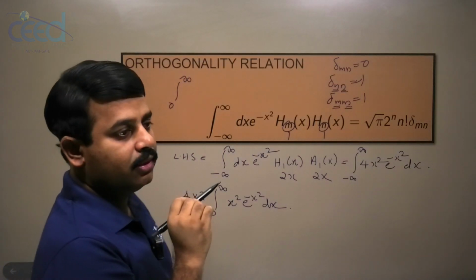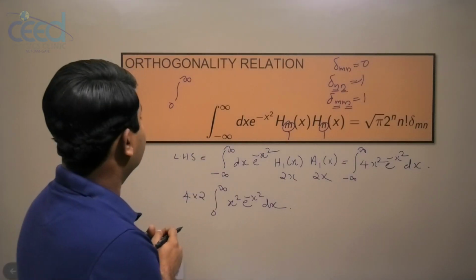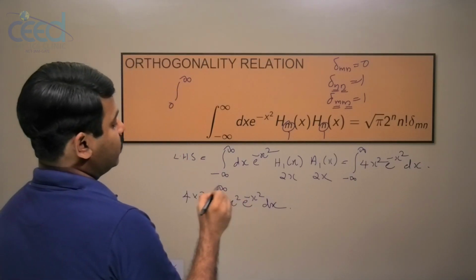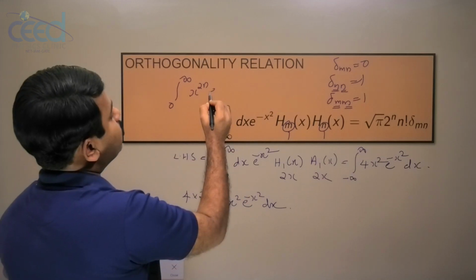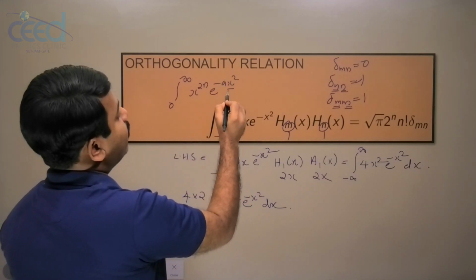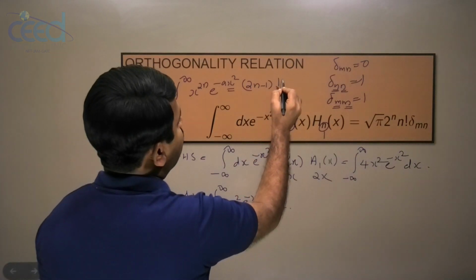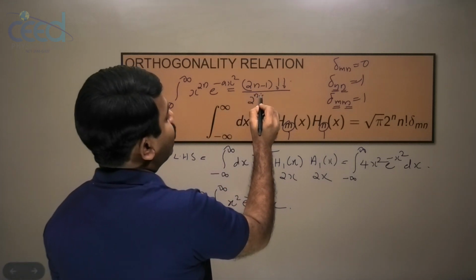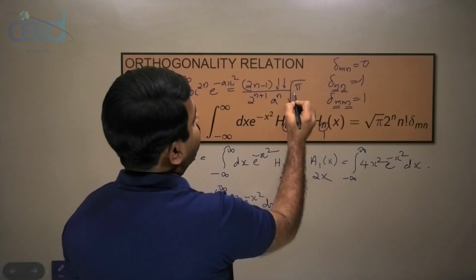In quantum mechanics, we studied this formula, right? I think you are remembering. See, x raised to 2n e raised to minus a x square dx equals 2n minus 1 double factorial divided by 2 raised to n plus 1, a raised to n, root pi by a.